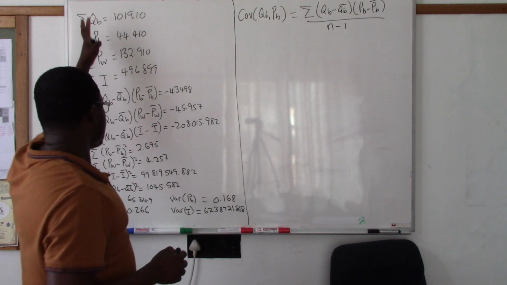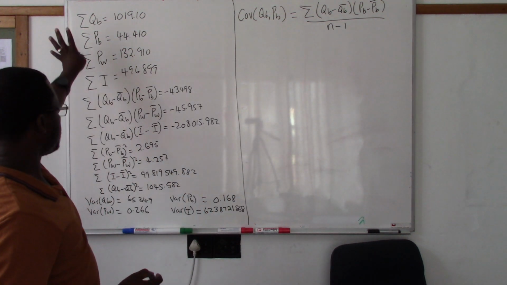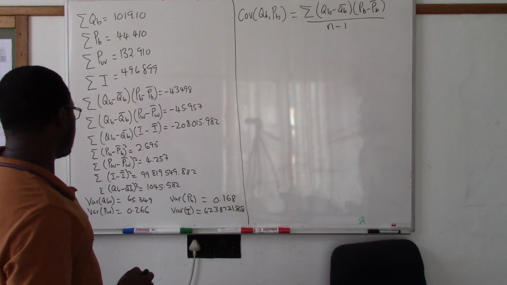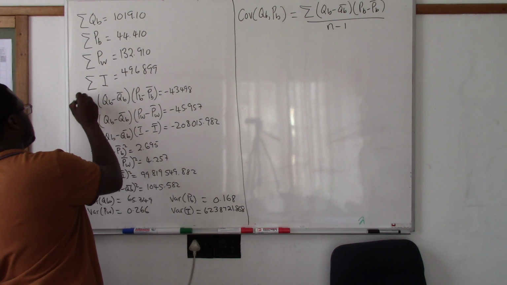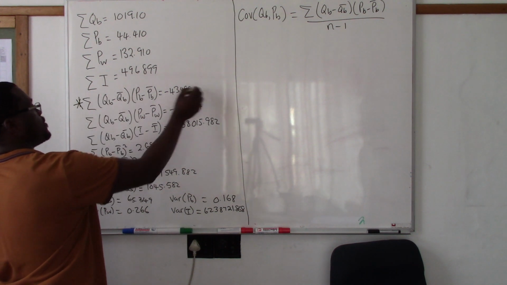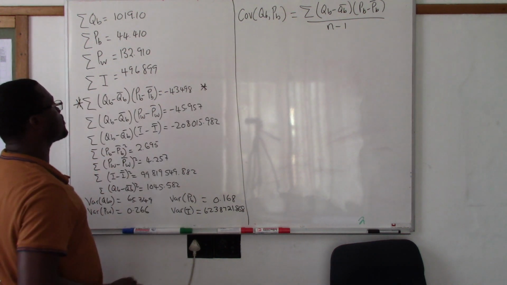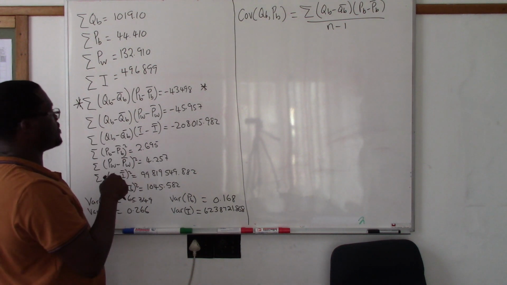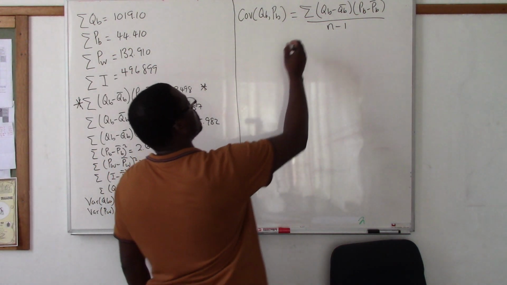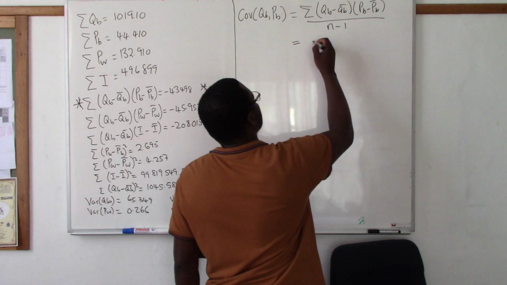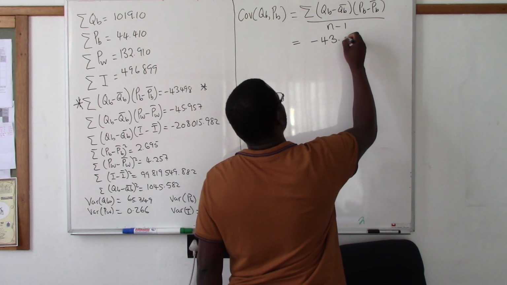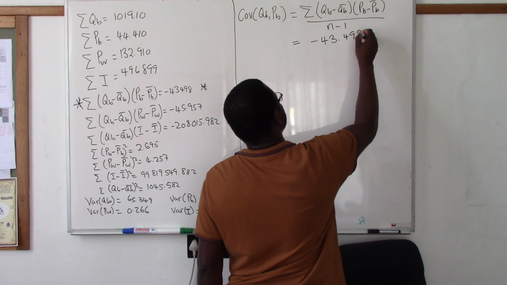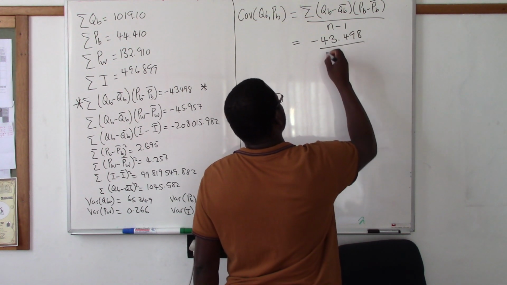Now from these various summations you have done, you will see that the particular term you are interested in is this one here. That's the number you are interested in. So that means we want to take minus 43.498 and we divide that.